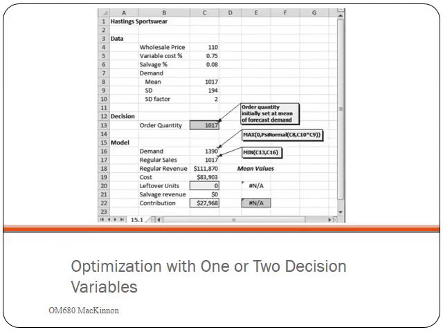So let's take a look at an example here from the text for Hastings Sportswear. All right, and this is a fairly straightforward model where the owner of Hastings Sportswear has to order a certain quantity of parkas. Okay, and he has to order them really about 6 months ahead of knowing what the demand will be.